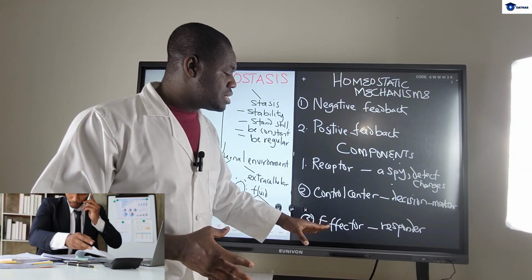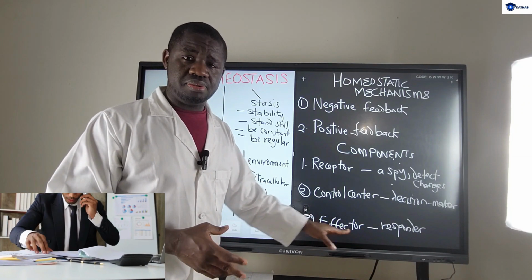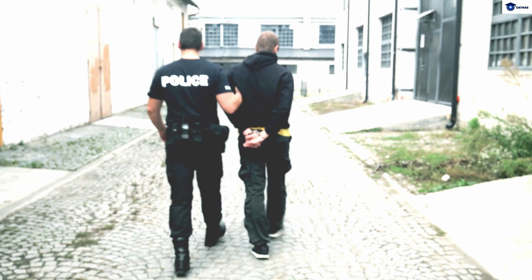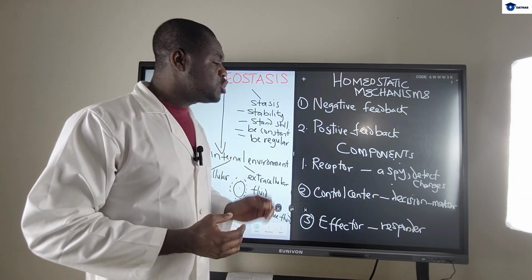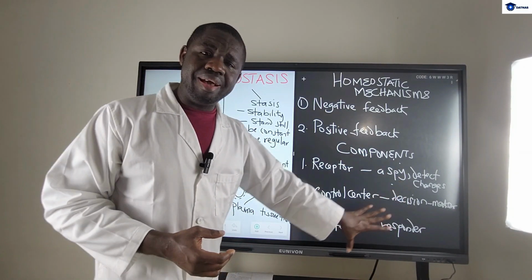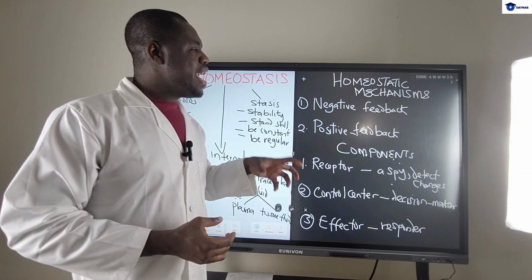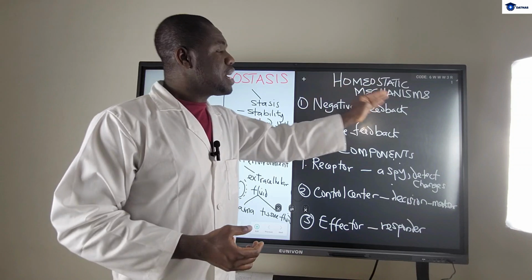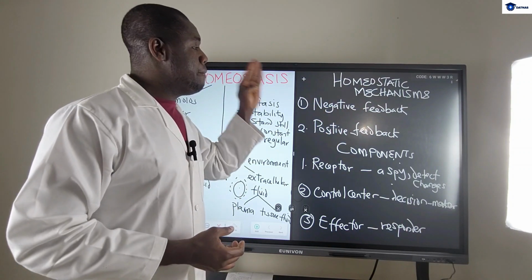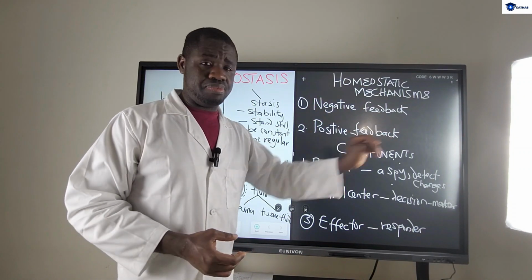The police are the effectors. They respond to that scenario, to that situation. So we are going to use these examples to understand the negative feedback mechanisms and positive feedback mechanisms.